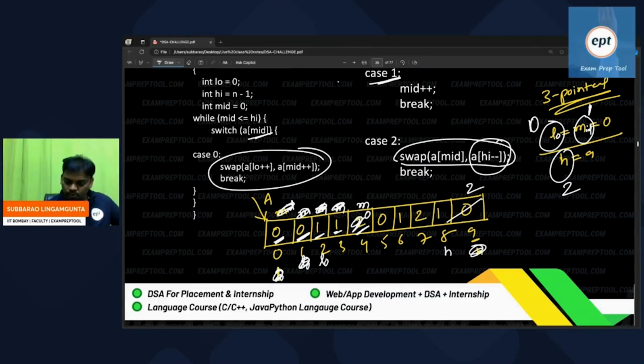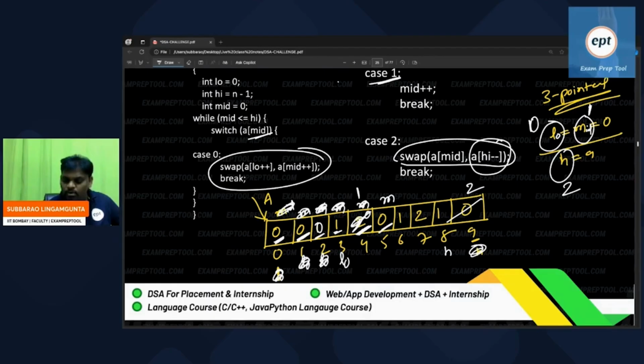Again, same story, because mid is not incremented. Again check: is it 0? If it is 0, you know very well, mid and low should be swapped. Then afterwards low also increments, mid also increments.